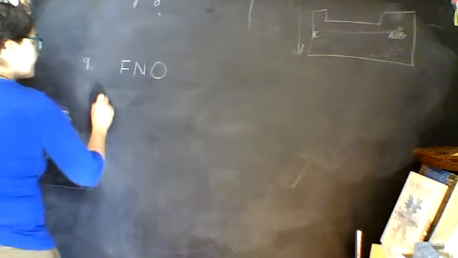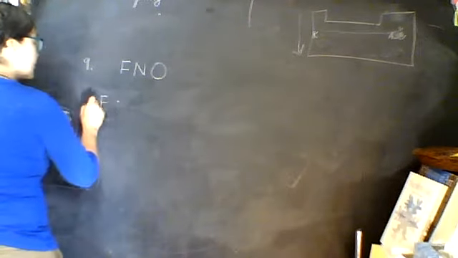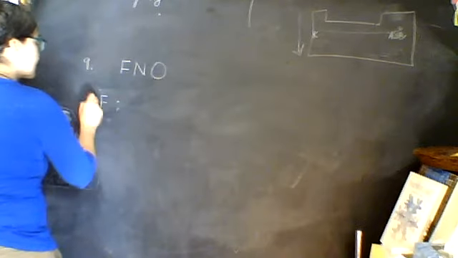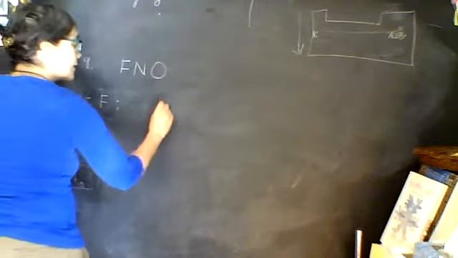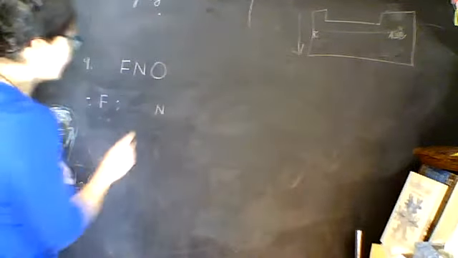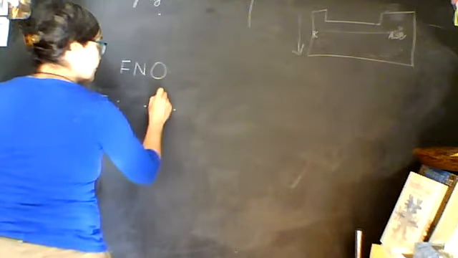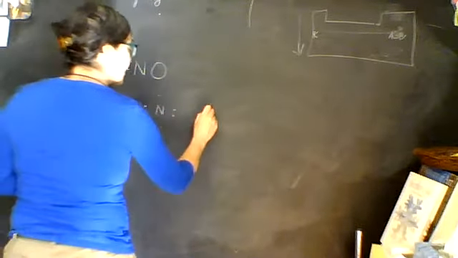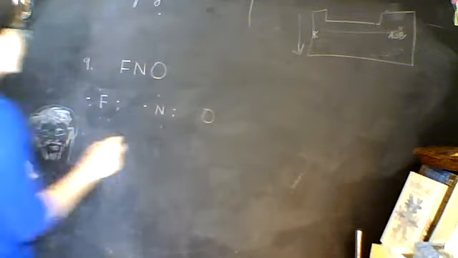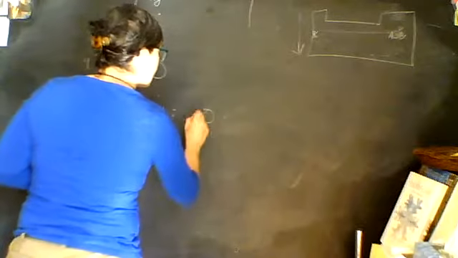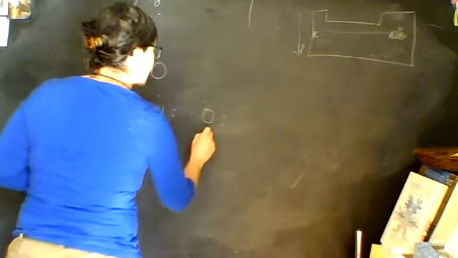So F 1, 2, 3, 4, 5, 6, 7. N is in column 5A. So its valence shell looks like this. 1, 2, 3, 4, 5. And oxygen is in 6A. And so it looks like 1, 2, 3, 4, 5, 6.